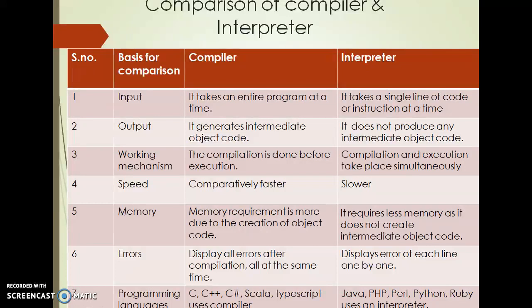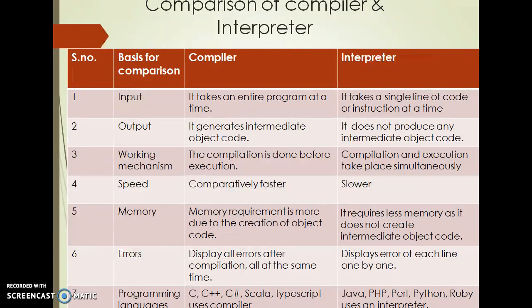If we come over the working mechanism, the compilation is done before the execution, while in case of interpreter, execution and compilation both take place simultaneously. If we consider the speed, compiler is much faster than interpreter. If we come over the memory requirement, compiler needs more memory as it will be allocating the full program as compared to the interpreter.